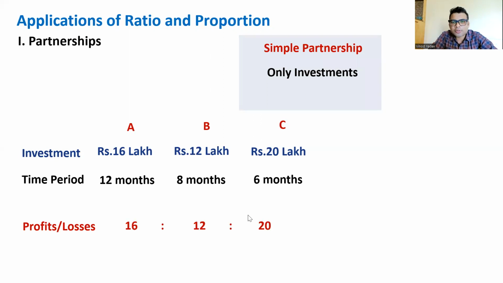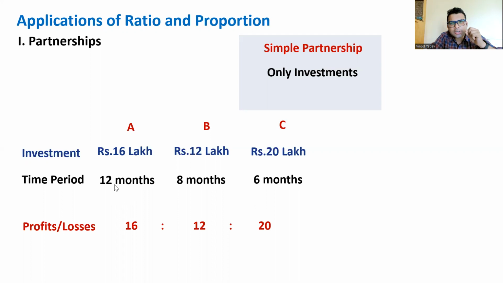So the ratio of the investments will be, of course, while distributing profit and loss, what do you feel? What all should be considered? How much everybody has invested in terms of money and how much they have invested in terms of time. So money and time both will be considered, isn't it? It's very natural and logical. Okay.